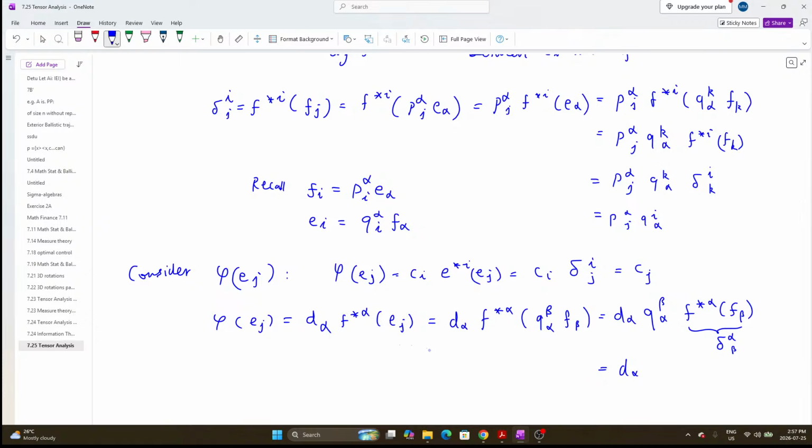Oh, I'm stupid, it should be j. Otherwise there are two summations, which makes no sense. So it's q alpha j.